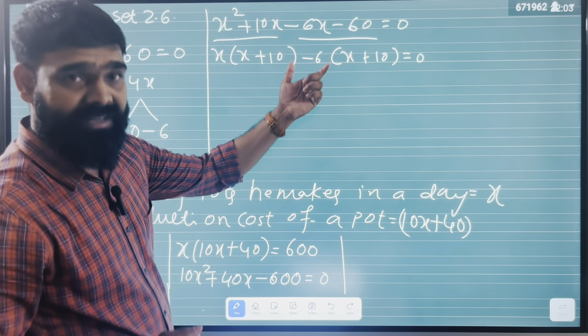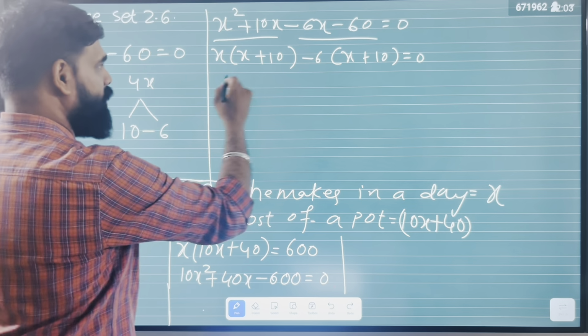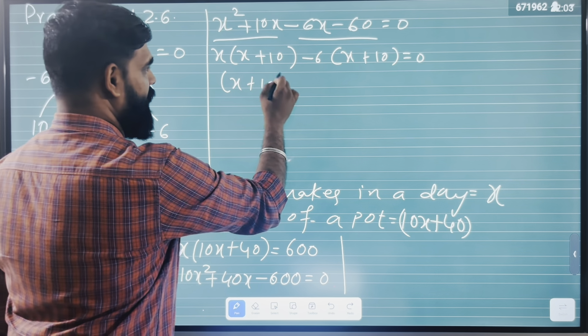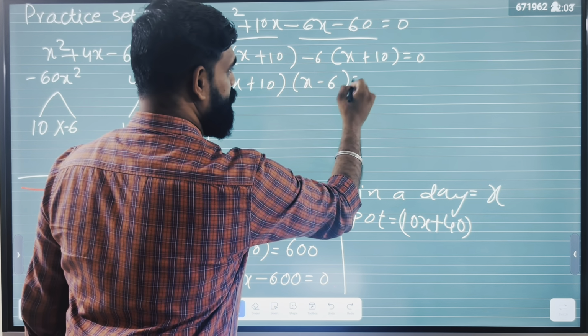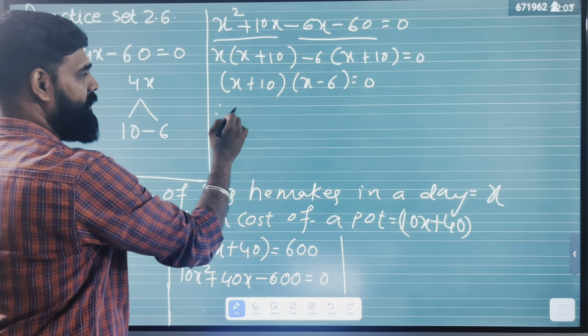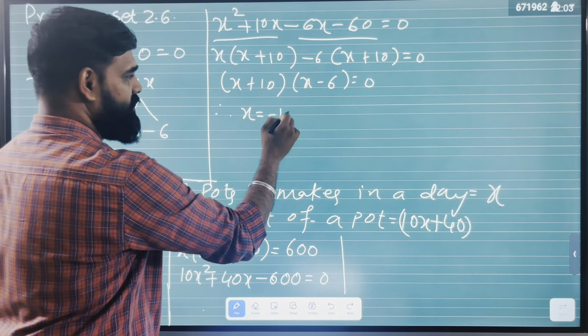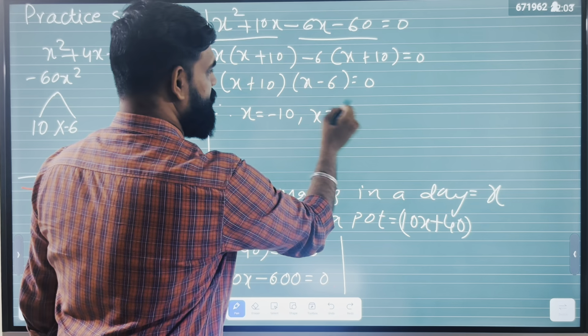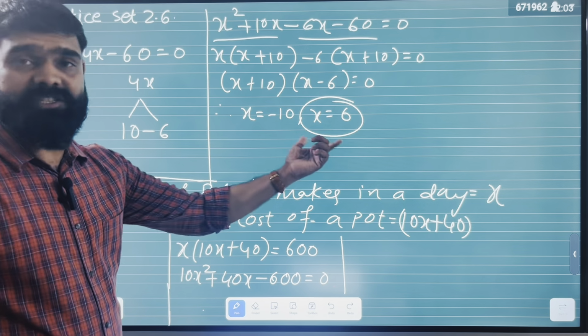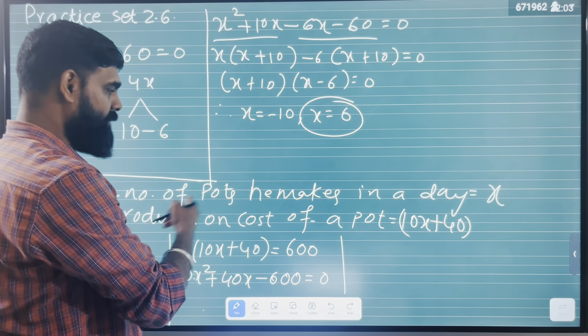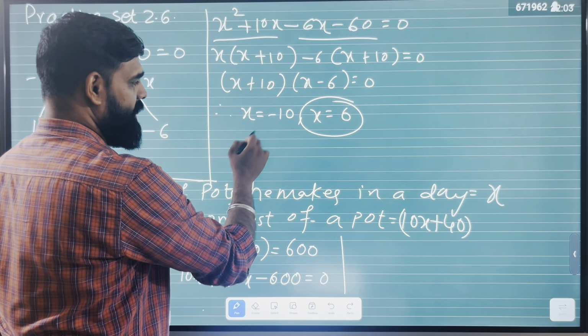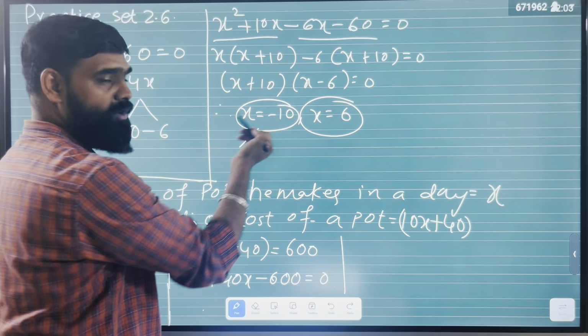So x plus 10 and x minus 6 is equal to 0. The roots are x equals minus 10 and x equals 6. We have to consider x equals 6 because the number of pots can never be negative, so we neglect x equals minus 10.